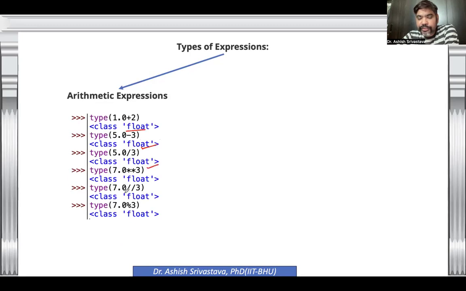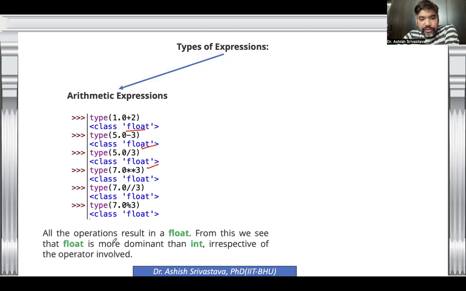If one of the operands is a float value, the final type that the program returns is float, and this is what is written over here. All the operations result in a float. From this, we can see that float is more dominant than int, irrespective of the operator involved.